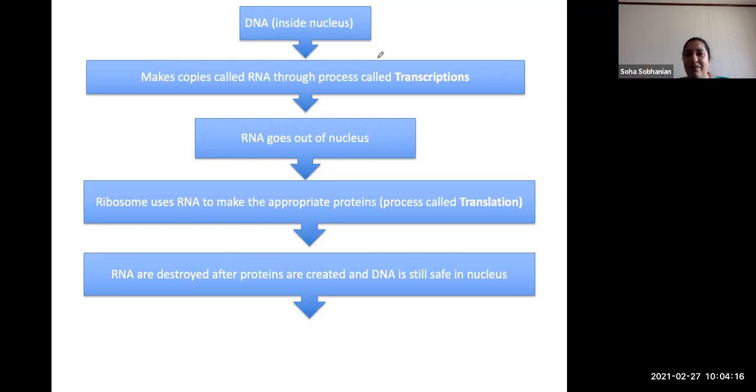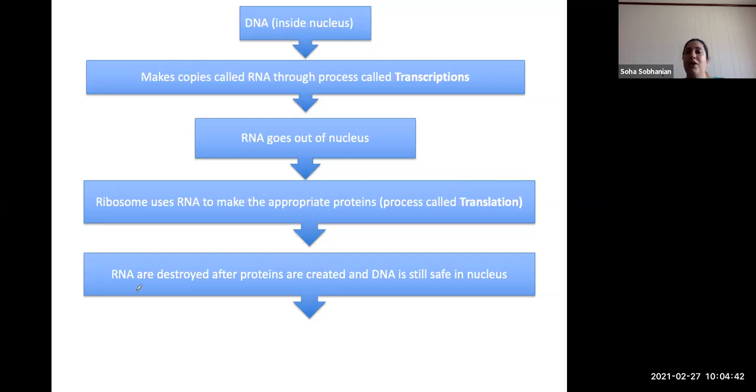You're making a copy of it. RNA is going to go out of the nucleus because it needs to be used for making proteins. And then you have an organelle called the ribosome that's going to use that RNA to make the appropriate protein. And that process of using RNA to make the protein is called translation.